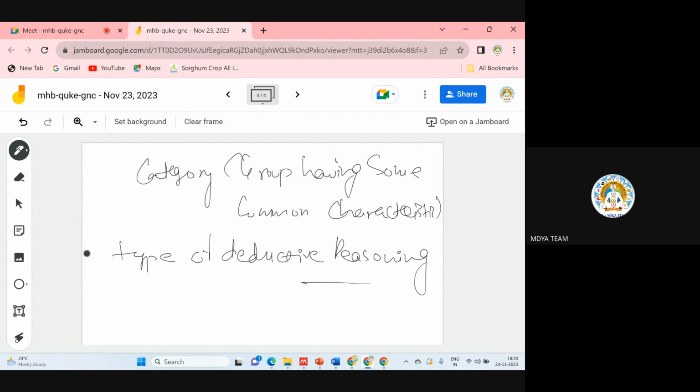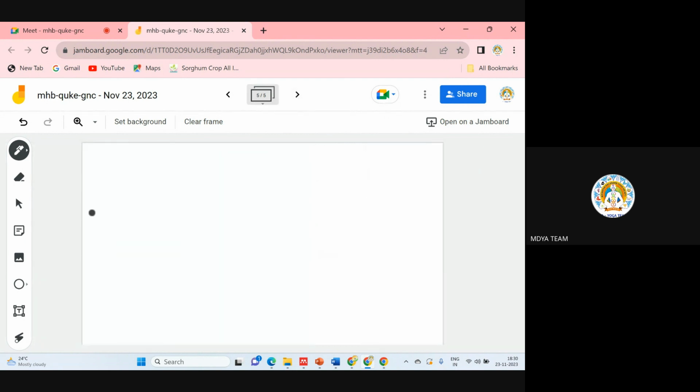It means you are not creating any knowledge. You are starting with a theory. Now let's take an example of this categorical proposition. For example, all cats are dogs. So we are giving an argument on the basis of categories. This is one category, this is another category. All cats are dogs.